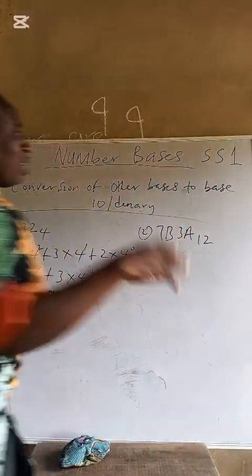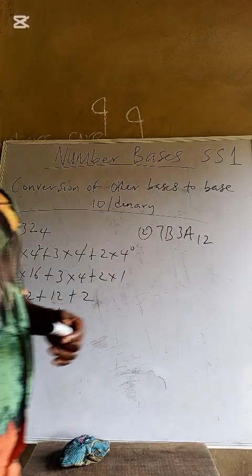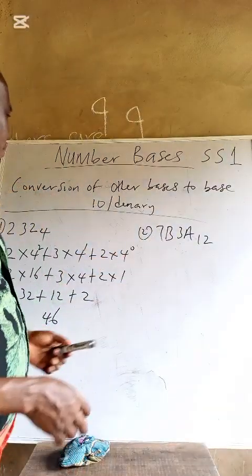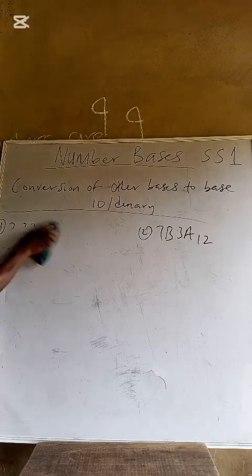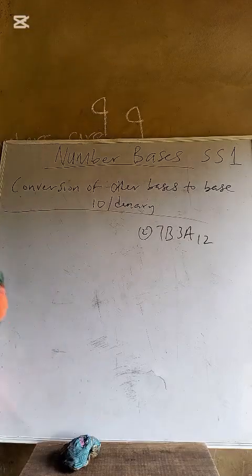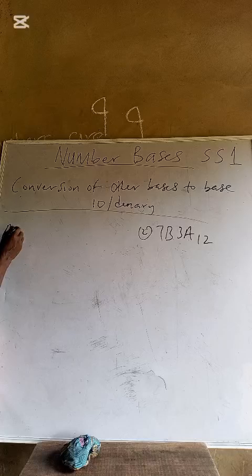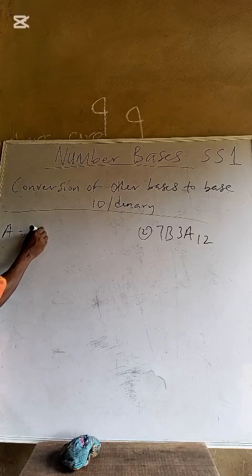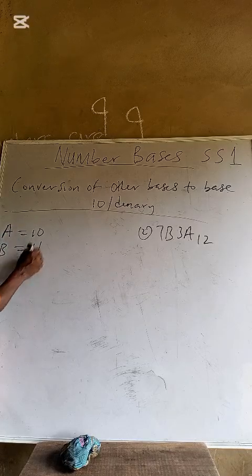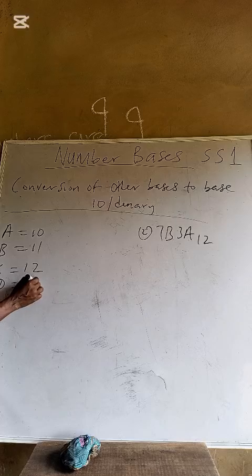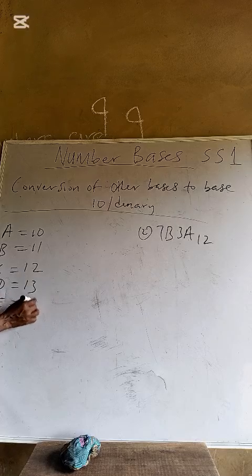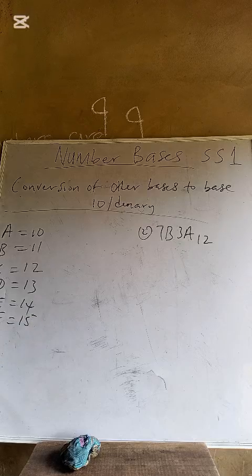We can have other bases that are more than base 10, but whenever you have that, what to do is this: capital A is 10, B is 11, C is 12, D is 13, E is 14, F is 15, and so on and so forth.